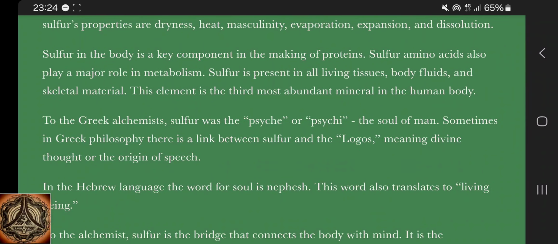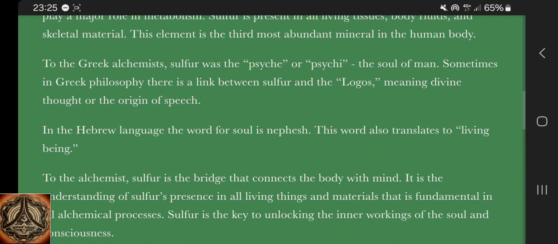To the Greek alchemists, sulfur was the psyche, the soul of man. Sometimes in Greek philosophy, there is a link between sulfur and the logos, meaning divine thought or the origin of speech. In the Hebrew language, the word for soul is nepesh.